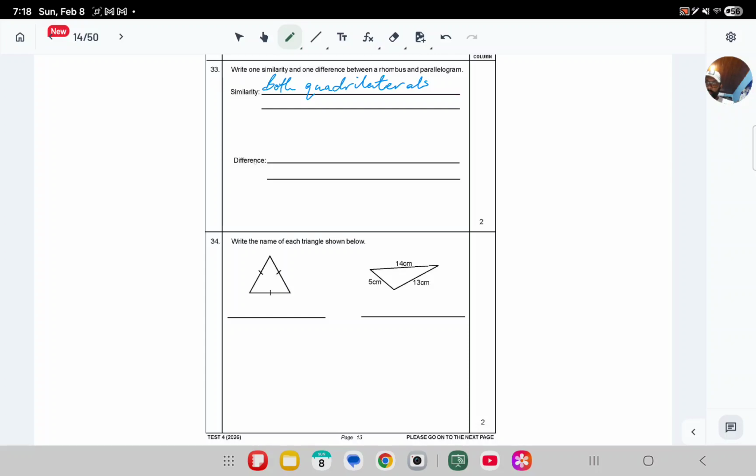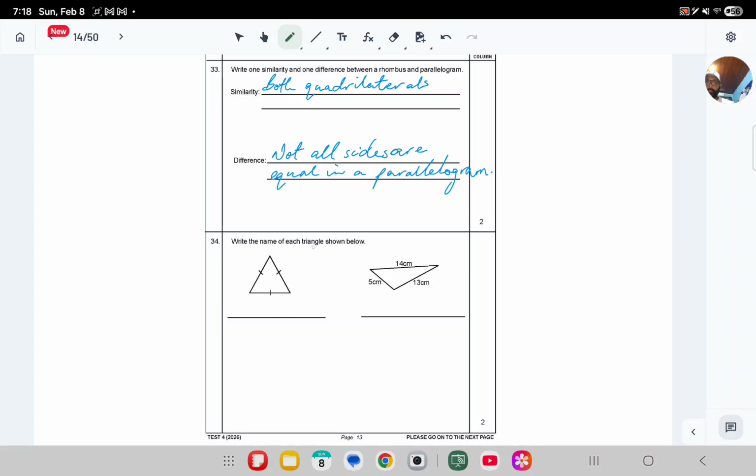And a difference is not all sides are equal in a parallelogram, whereas in the rhombus, all 4 sides are equal.